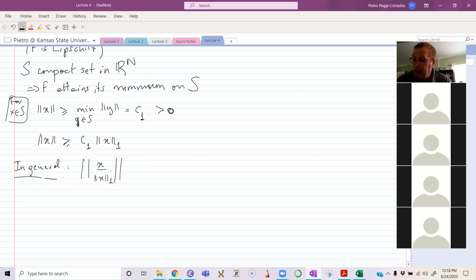So this is going to be greater than C1 because this is in S. And then by homogeneity, this comes out, and then you solve.